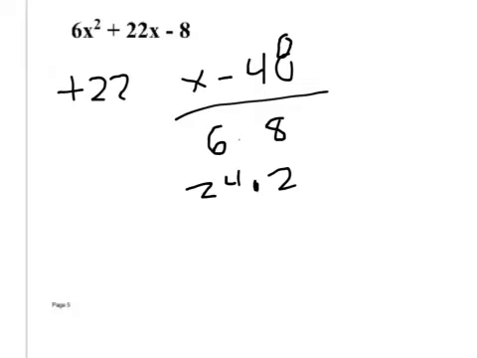Yes. So now I write 6x squared. Which one needs to be negative? The 2, right? So I'm going to go with plus 24x first, minus 2x minus 8.